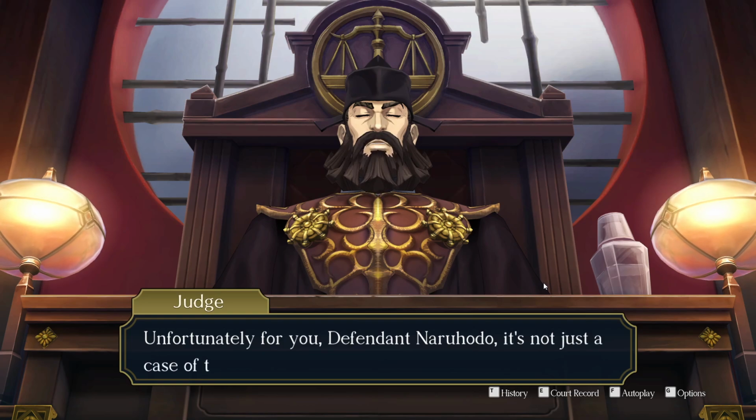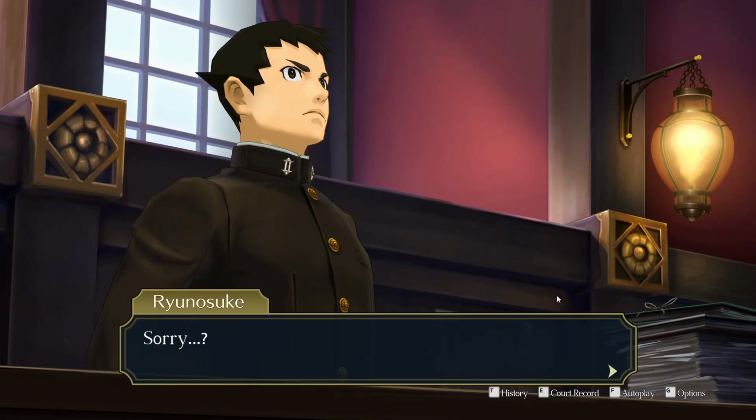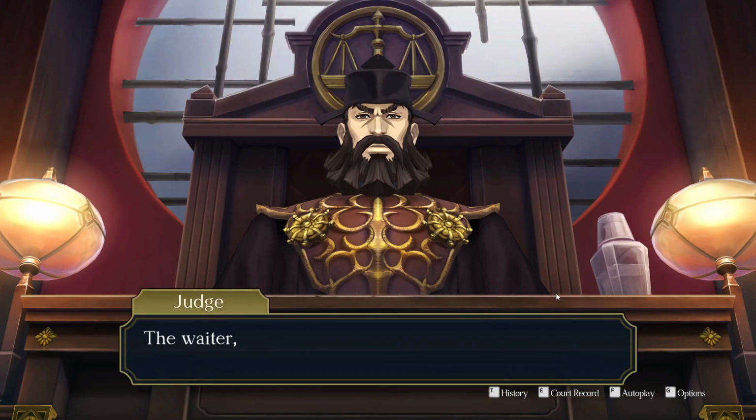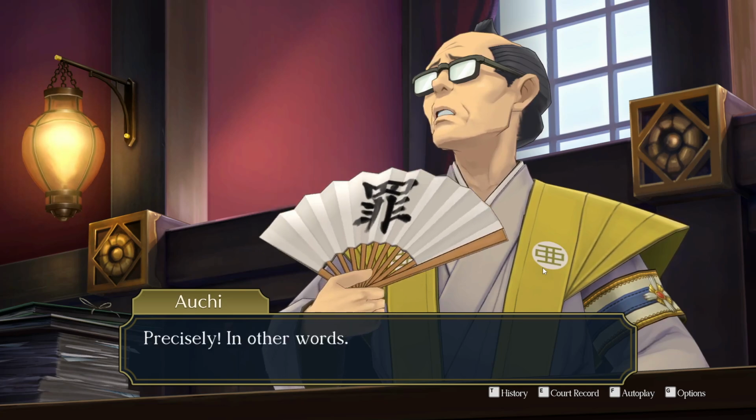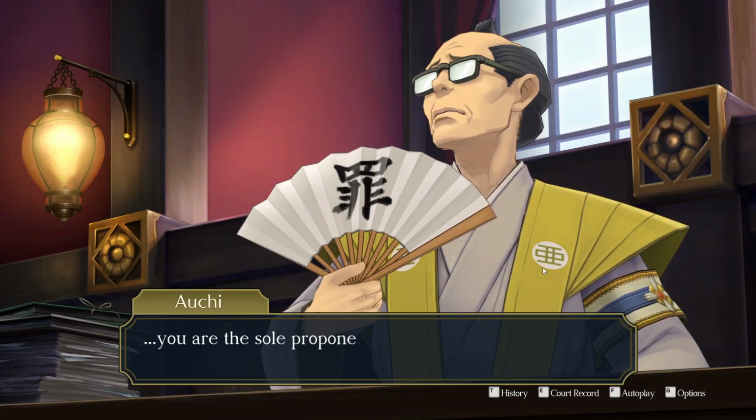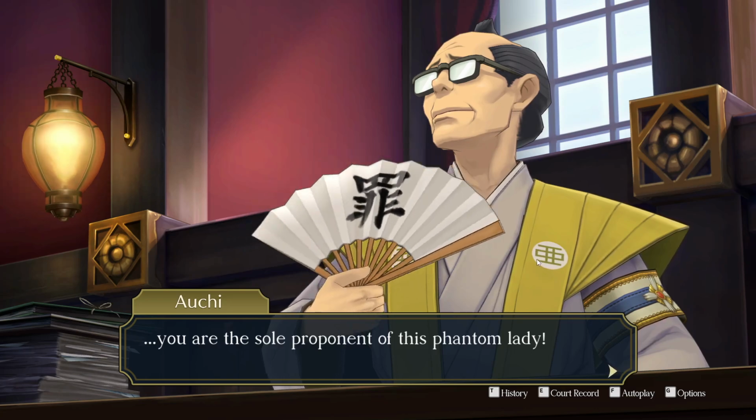Unfortunately for you, Defendant Naruhodo, it's not just a case of these two witnesses alone. Sorry? The waiter, whose testimony the court heard earlier, clearly stated the same thing. He also said the victim was alone. That's right. Precisely. In other words, you are the sole proponent of this phantom lady.